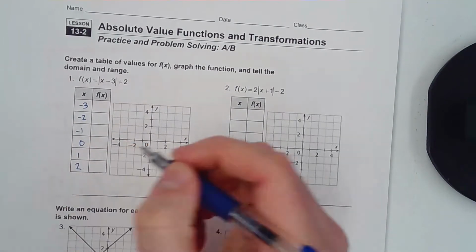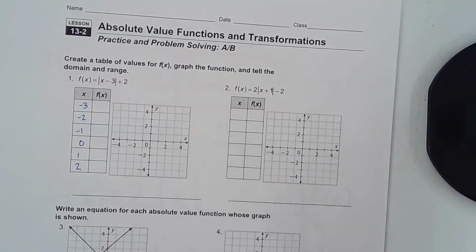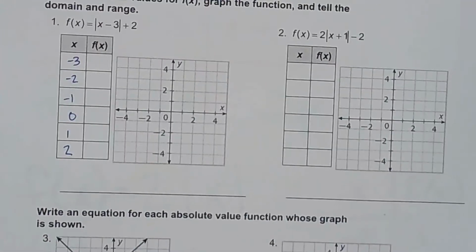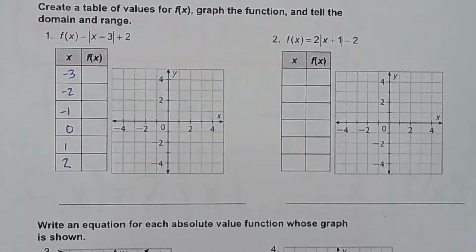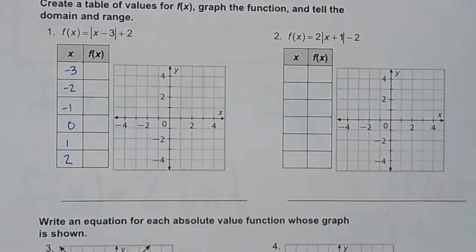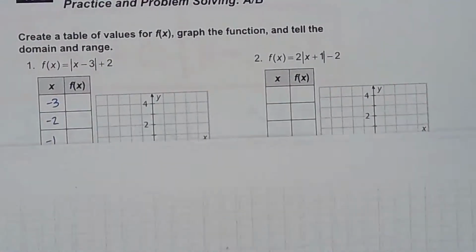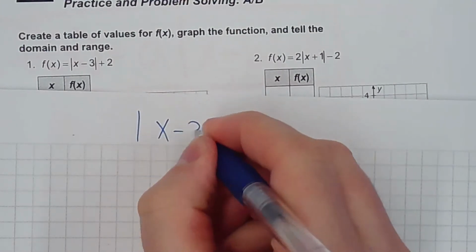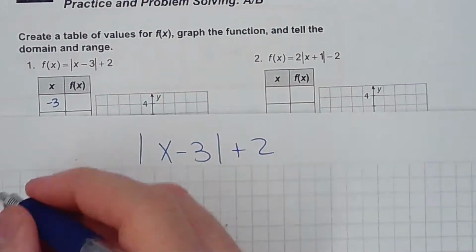So there's my chart. I chose those numbers, and I'm going to plug them into this equation, here it is, nice and big. I said I'm plugging in -3, -2, -1, 0, 1, and 2.